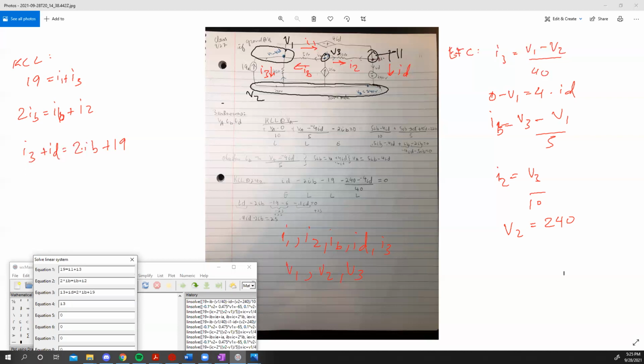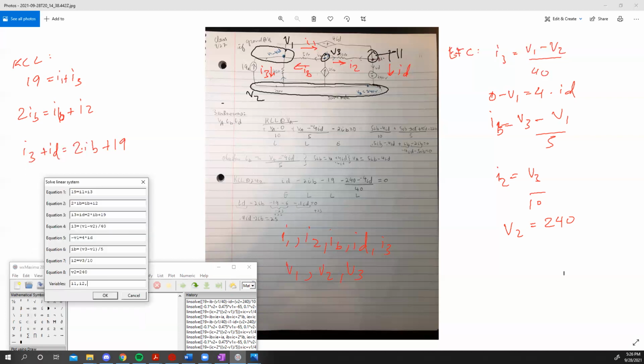I3 equals V1 minus V2 over 40. Negative 1 equals 4 times I2. V equals V3 minus V1 over 5. I2 equals V3 minus 10. V2 equals 240, right? And then our variables missing are I1, I2, IB, ID, I3, V1, V2, V3.